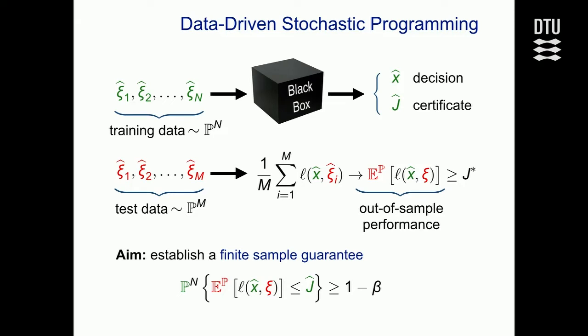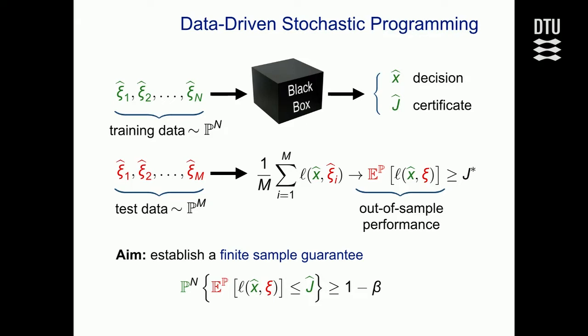Very abstractly, what we would like to do is find some procedure that takes this training data as an input and outputs a candidate decision x hat that is feasible in our optimization problem and hopefully near optimal, and also an object J hat, which I call a certificate, a measure that quantifies how good our solution is.